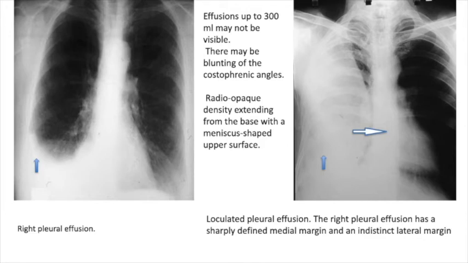Now on your right, we have a big loculated pleural effusion, which is pushing the mediastinum to the left side, that means to the normal side. When we have a huge, moderate to severe pleural effusion, the mediastinum is pushing or shifting to the normal side.